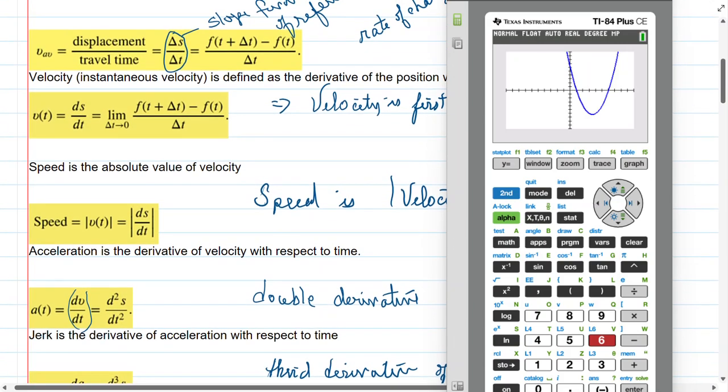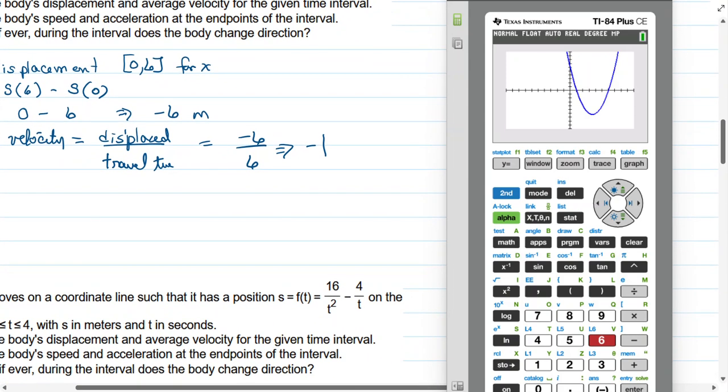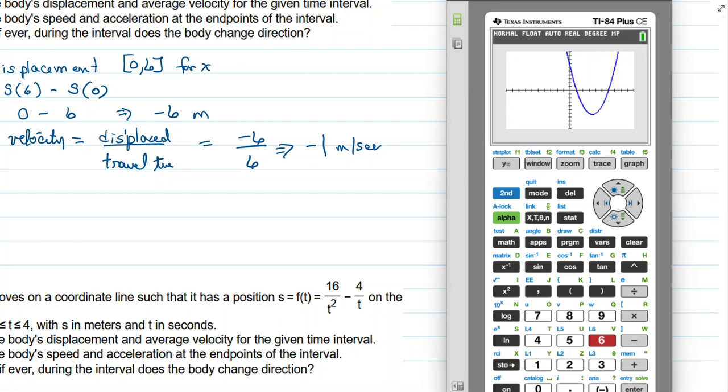Displacement divided by travel time, which is the difference. So we're going to have that negative 6 divided by, okay, that is 6 minus 0, so that is a 6, and we have a negative 1. And this one is meters per second. And that is the average movement of this function from this point to this point. From between here and here, it's a negative 1.